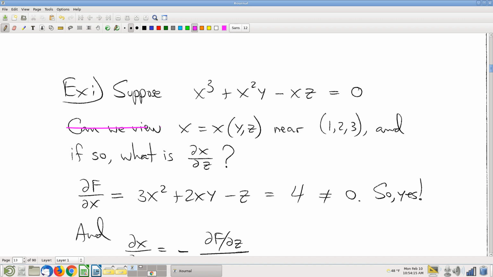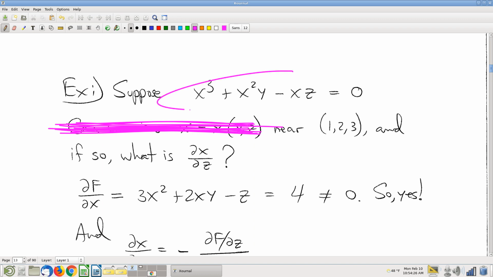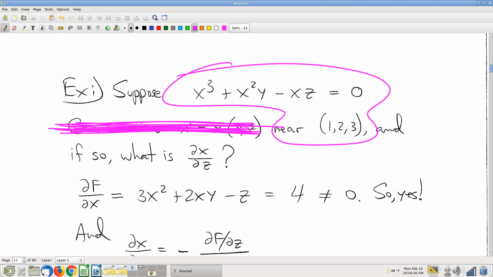This might not even be stated. It might just say, here's a point, or here's a surface, and we're going to be looking near that specific point on this surface. What's that partial derivative?